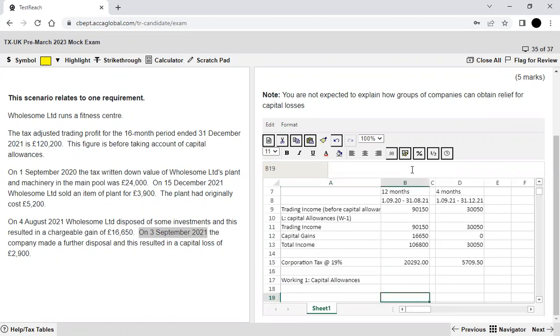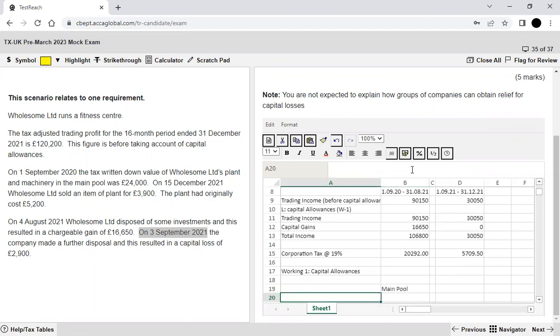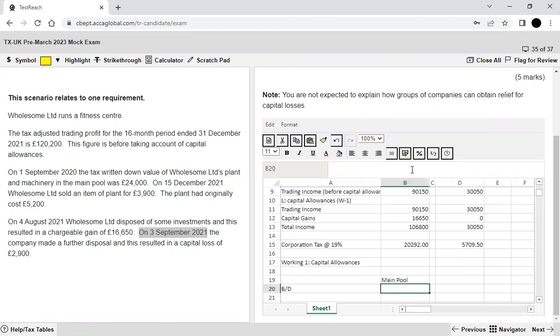Capital allowances. Brought down balance 24,000.